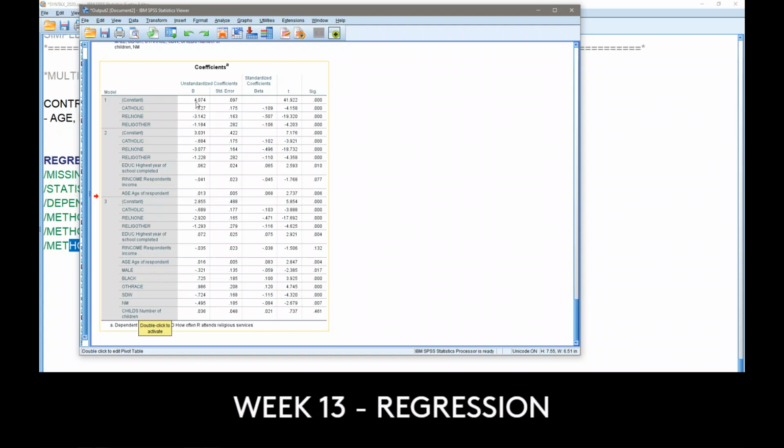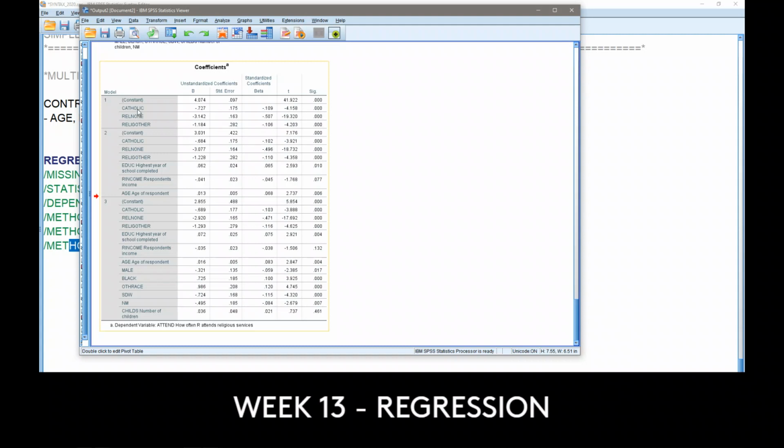Now let's begin with Model 1 here. Let's see if denomination is related to attendance. We're going to look at these B coefficients here. They're all negative and they're all statistically significant.